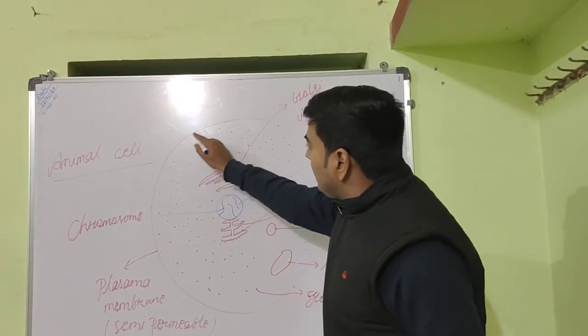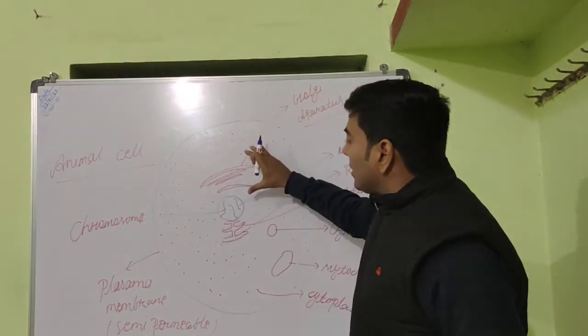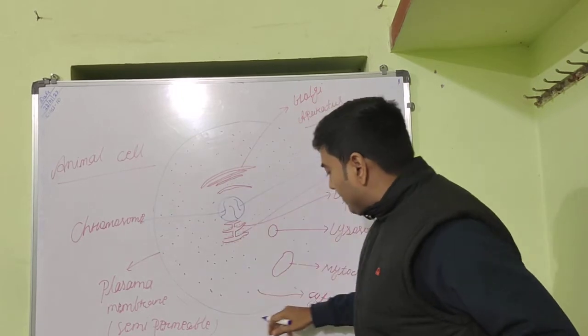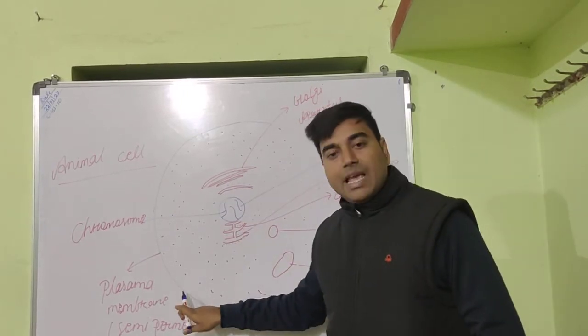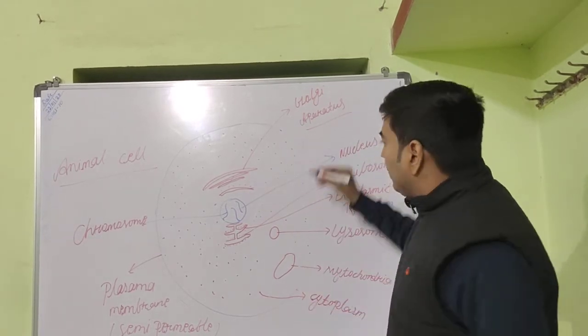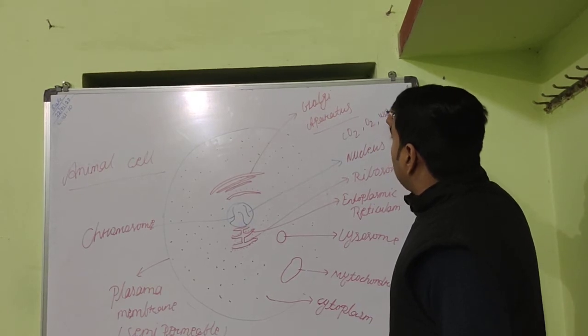Can you see there is an outer layer which gives a shape and a structure to the cell. Now what is the work of this layer? It is basically a semi-permeable membrane which allows some basic components like CO2, oxygen and water molecules.